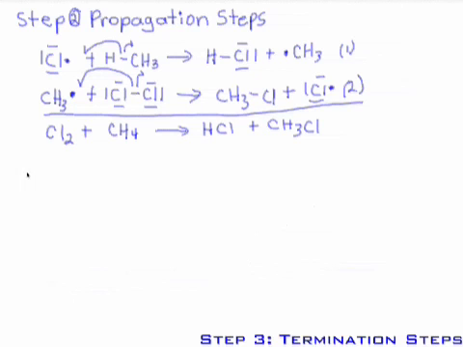Now, because radical concentration is so low, the usual molecular collision is with either the methane or the chlorine. But if two radicals happen to collide and couple, you will terminate your propagation steps because there will be no more radical present.